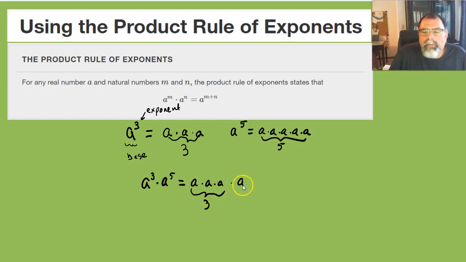And a to the fifth, there's 5 of them. And then total, back to our definition of what an exponent is, we have the base a multiplied a total of 3 plus 5, which is 8 times. So you don't multiply 3 times 5, you add it. So that will be 8.